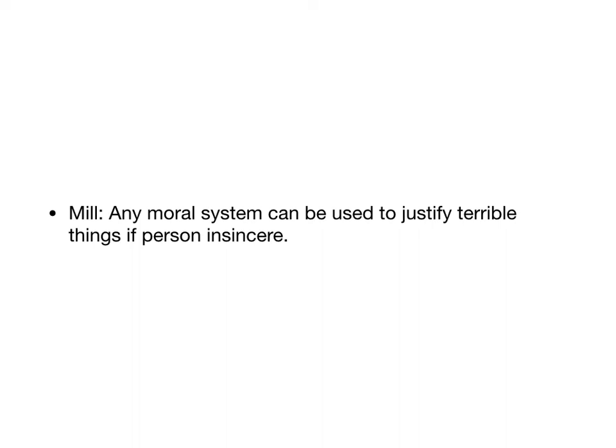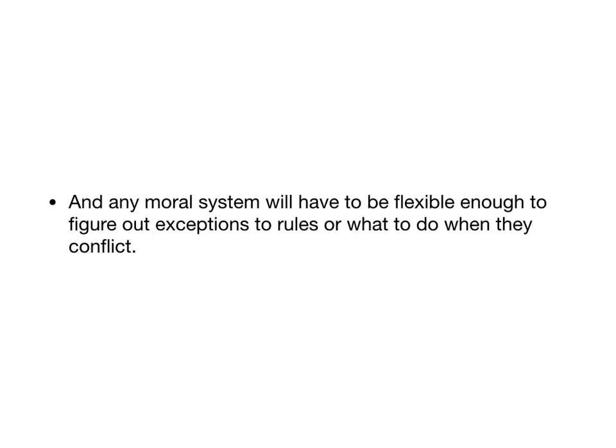Mill will say, well, utilitarianism's no different. If someone wants to justify doing something shabby, yes, they can do it in utilitarian terms, but that's the same as with any moral theory. Any moral system can be twisted and used to justify terrible things. And Mill will say any moral system will have to be flexible enough to figure out exceptions to rules or what to do when they conflict, right?